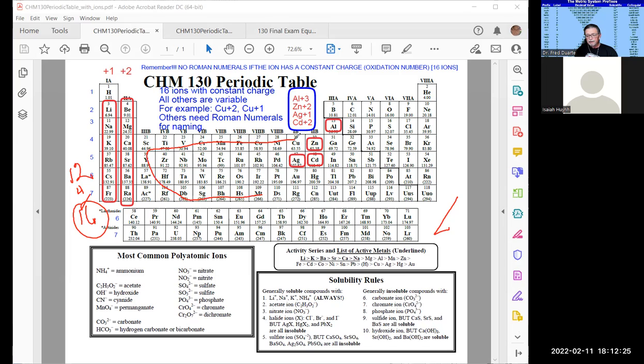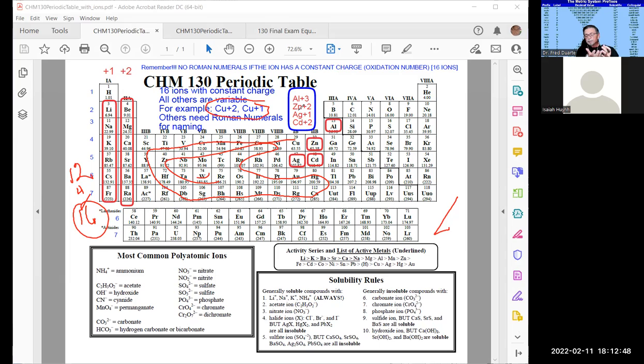Everybody else in here that are metals, their charge can vary. For example, copper under certain conditions can have a +2 charge, or it can have a +1 charge. So notice something, it's a little bit ambiguous. We got copper 0, which is the elemental copper.